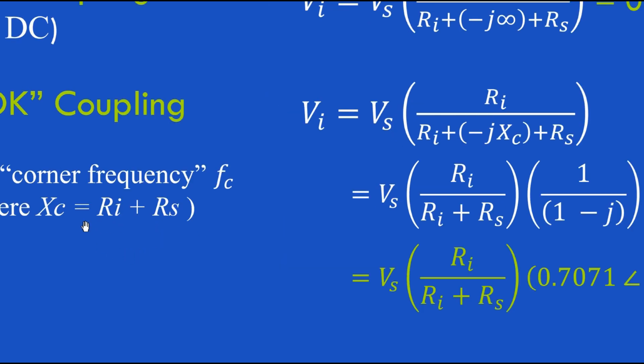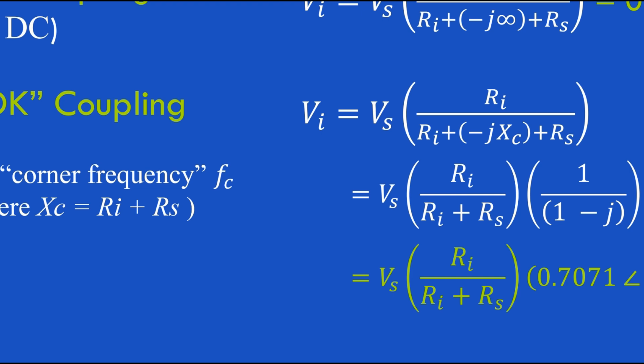But when we're at the corner frequency, where the capacitor reactance equals Ri plus Rs, this term, in parentheses in the denominator, will be minus J times quantity Ri plus Rs. You can write that down on a piece of paper and do a little factoring. Just treat J as another number or variable, and we can move from this expression to the one below it.